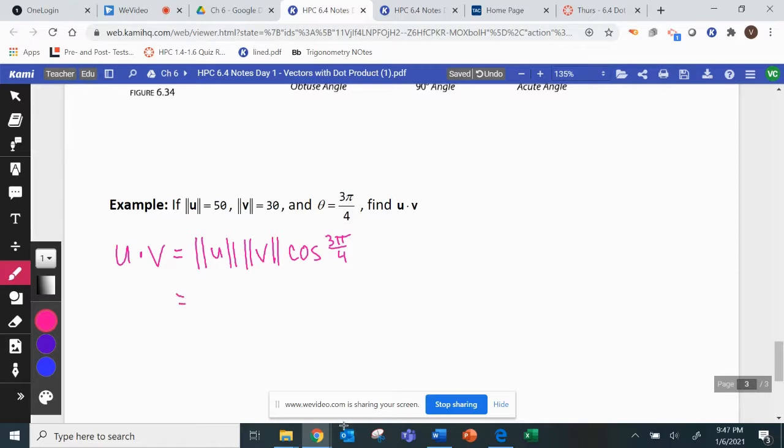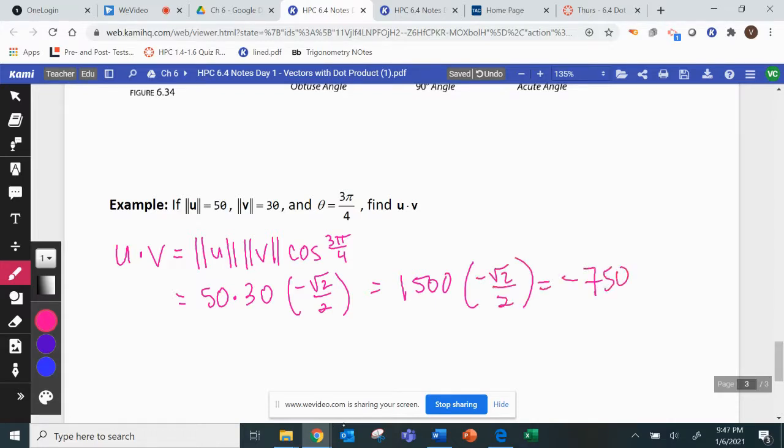The magnitude of u is 50, then 30, and then cosine 3 pi over 4 is negative radical 2 over 2. So we will get 1500 times negative radical 2 over 2, which gives us negative 750 radical 2. So that would be the dot product of the two vectors, and we don't even know what their component form is. We just know their magnitude and the angle in between.